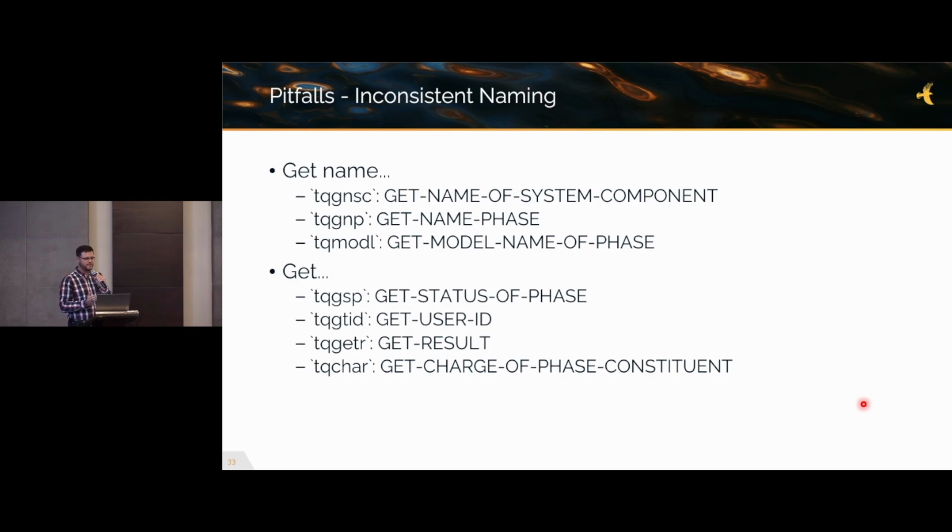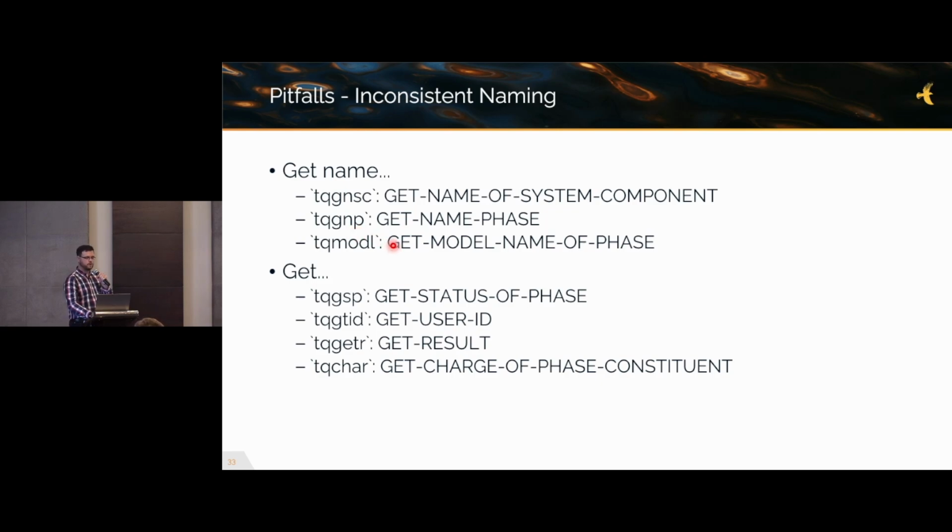We're back into the TQ namespace. At the top, we want to get the name of something, let's say a system component. The endpoint will be TQ GNSC, which is get name system component. For phase, it's TQ GNP, get name phase.